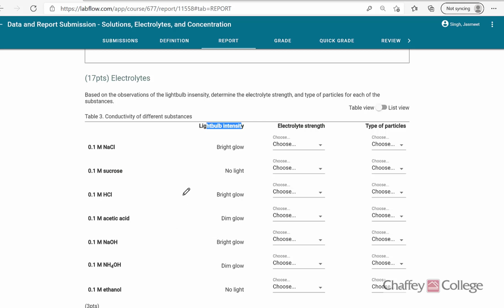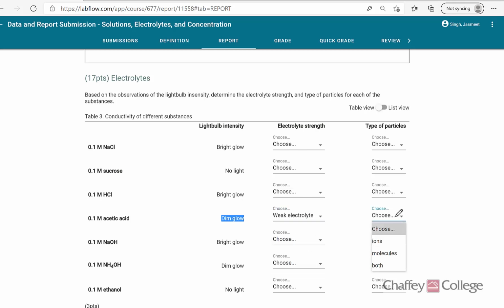It will glow but not as bright. For example, with acetic acid, our light bulb has a dim glow. Dim glow means it is glowing but it's dim. We know that it happens because electricity is getting conducted, but not a very high amount of charge, so we'll say it's a weak electrolyte.